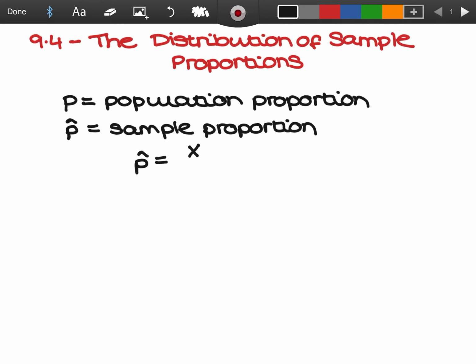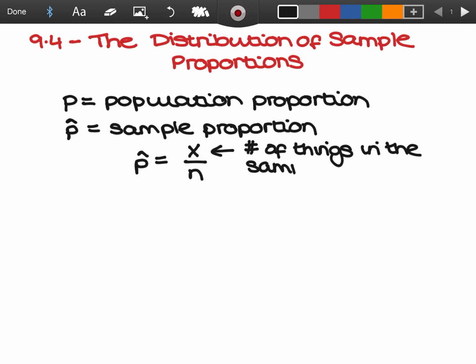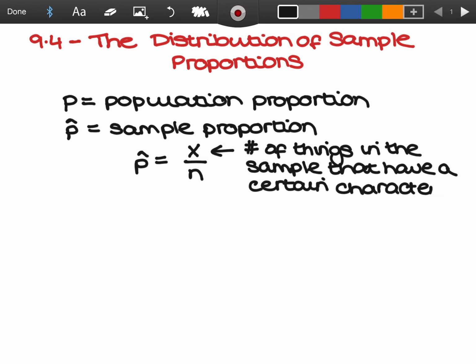So the way that you find a sample proportion, and we've done this before, it was one of the chapters on the homework, is by doing X over N. X is the number of things in the sample that are defective or have a certain characteristic, and N is just the number of things in the sample.